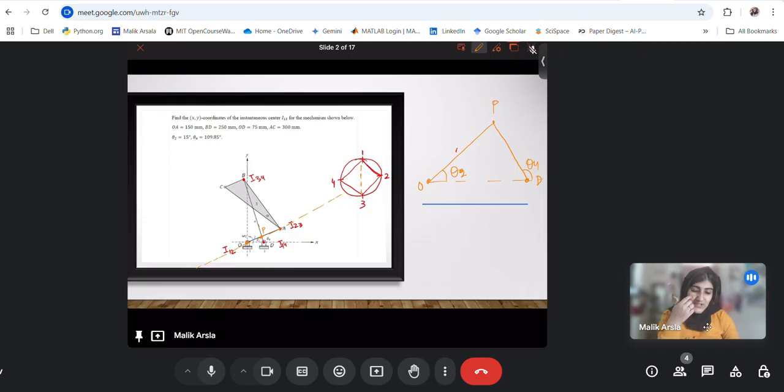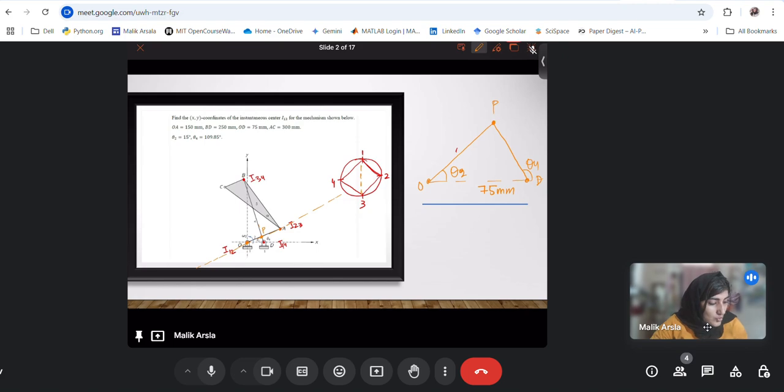And what else is known to me? OA, OD is known to me. This length is 75 mm. Then AC is known to me. And what I need to figure out is the coordinates of this point I13. So basically I need to find OP.